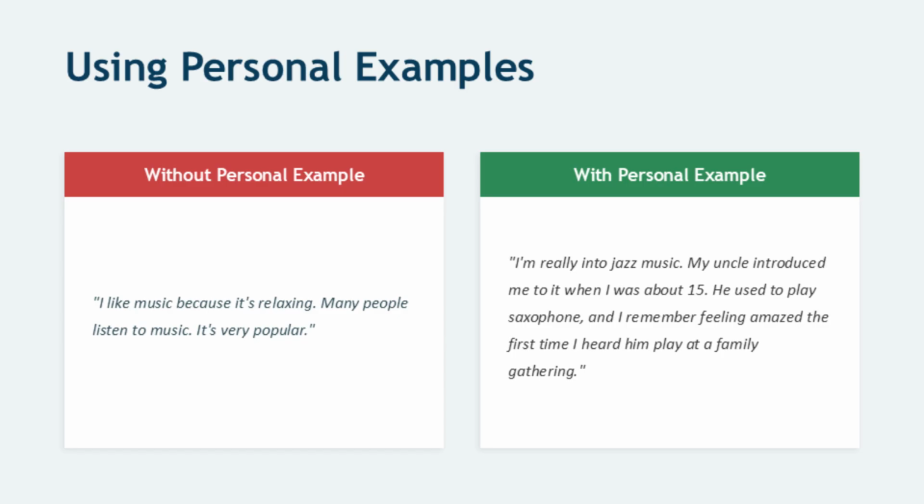Now compare the answer on the left to the answer we just read now. Totally different, right? Because there's more information. Now it's not just music. Now it's jazz music, right? So now we're getting more specific. Then we spoke about our uncle who introduced us, a personal touch, and what the uncle used to play, right?